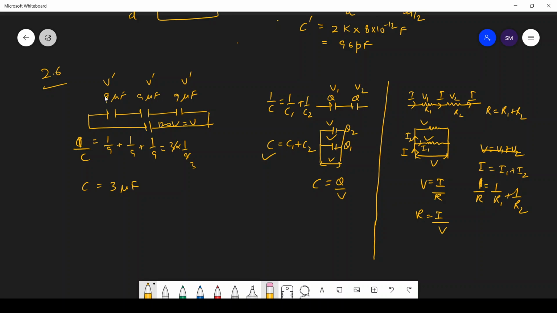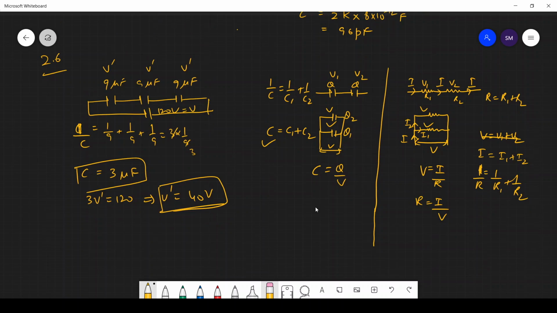So as the capacitance is same, the drop will be same. So 3V dash is equal to 120 and V dash is equal to 40 volt. So the potential difference is 40 volts. So this is the net capacitance of the circuit, and this is the voltage drop across each of the capacitors. Next question.